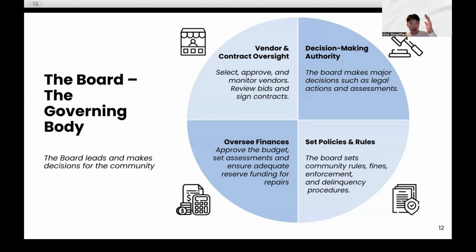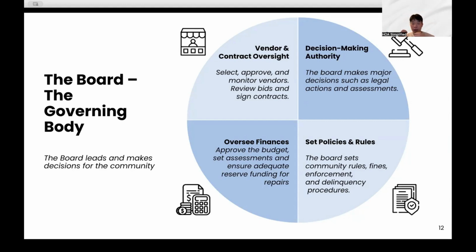For vendor and contract oversight, you select, approve, and monitor vendors. You make the decisions such as legal actions and any assessment increases. Third, oversee finances. The board has a fiduciary duty to maintain healthy finances for the community: approving the budget, setting the right assessments, and ensuring adequate funding for all the repairs, right?